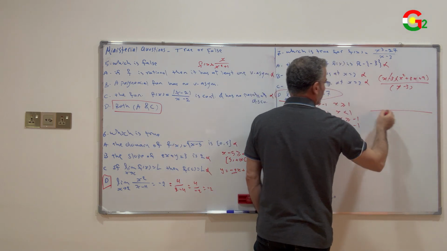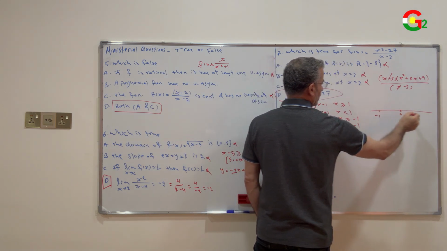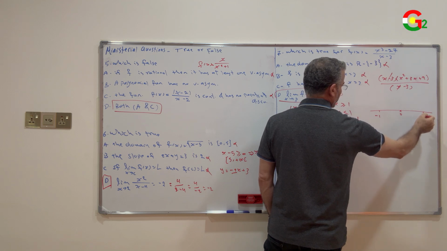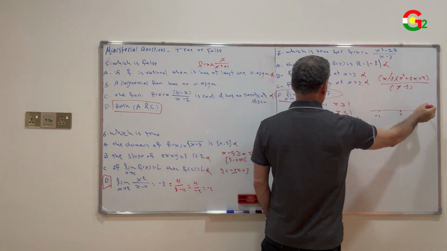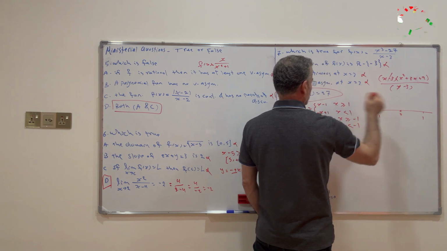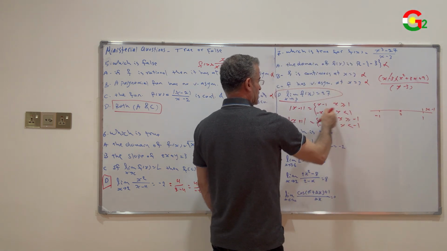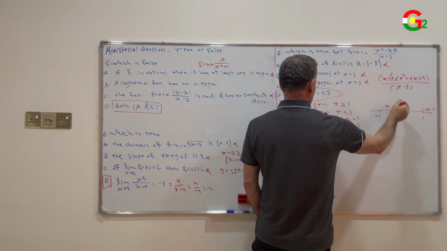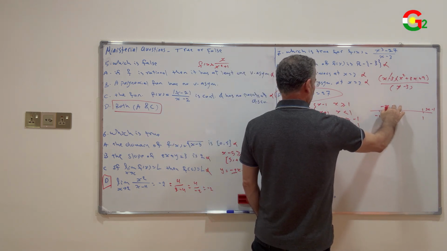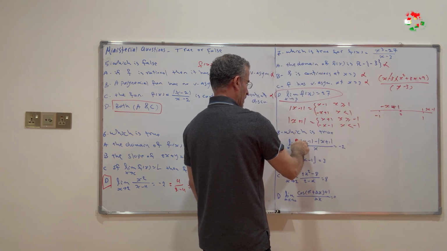Now, if we write the number line to find the function here, when x is greater than 1, the absolute value is x minus 1. When x is less than 1, the absolute value is negative x plus 1 for the first absolute value.